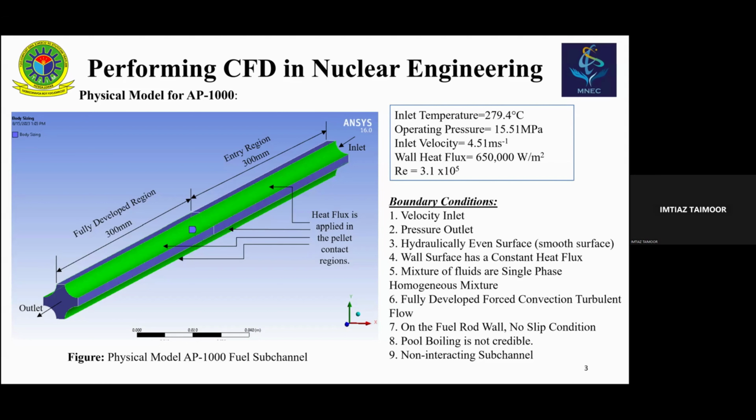But whenever you take the whole subchannel, then to get a good result, you have to take 50 million nodes. So when you actually try to perform the simulation, that will be very time consuming, and you need a good processor and a very high setup to solve that kind of situation, whenever you have a very high number of nodes or grid, or a very robust grid.